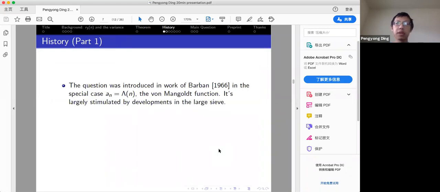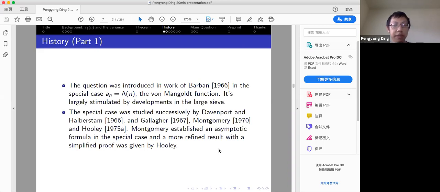The question on the variance associated with the distribution of a real sequence was introduced in work of Barban in 1966 in the special case that a_n equals lambda of n, which is the von Mangoldt function, defined as log p if n is a power of p, where p is a prime, and 0 otherwise. It was largely stimulated by developments in the method of the large sieve.